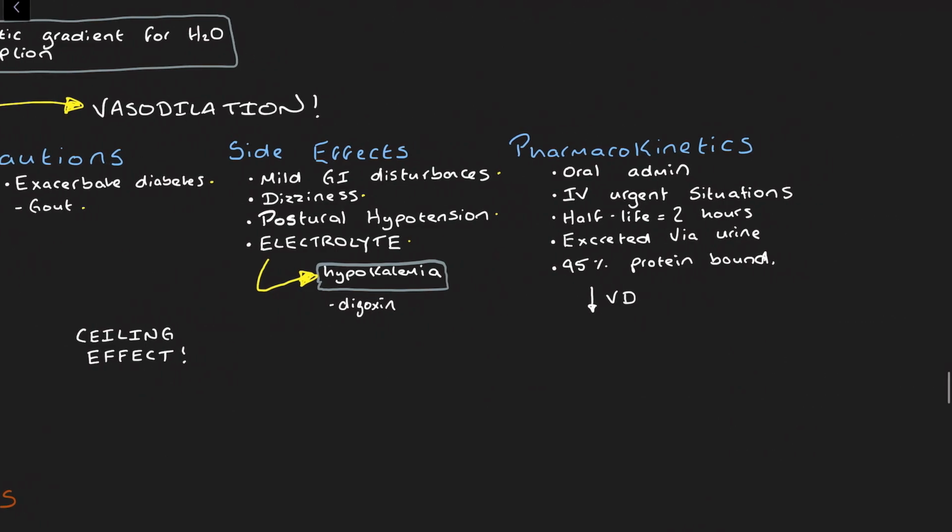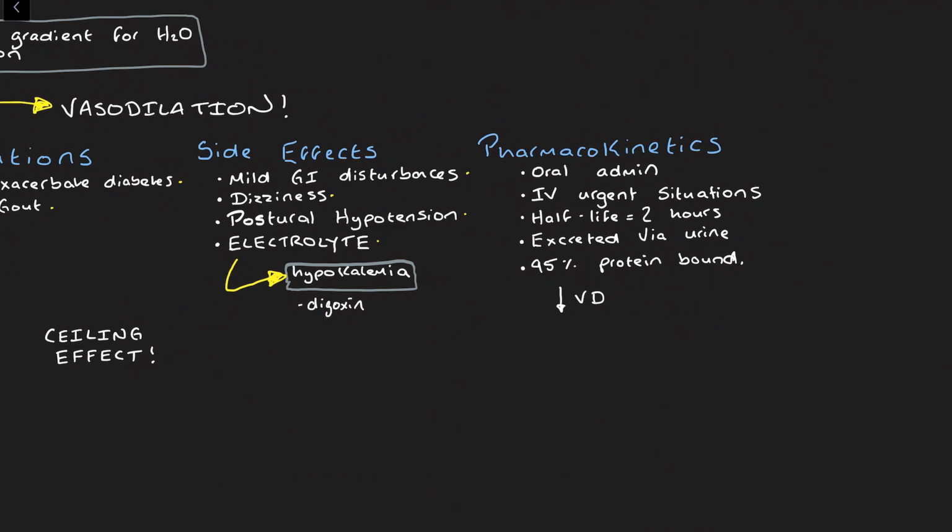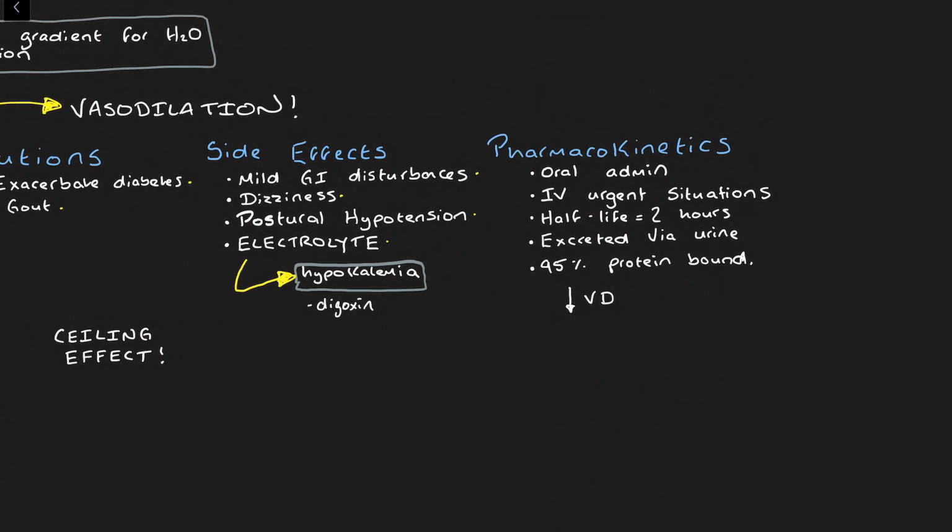For pharmacokinetics, they are absorbed in the GI tract and are usually given via the mouth. They may be given IV in urgent situations, for example in pulmonary edema, as it produces relief of breathlessness and reduces preload much sooner.